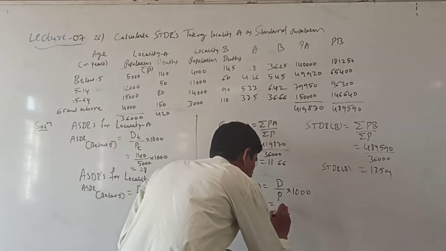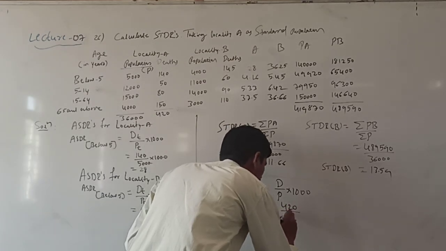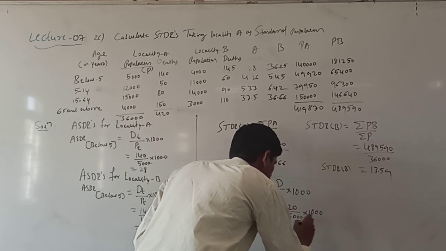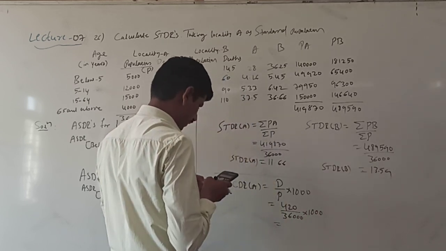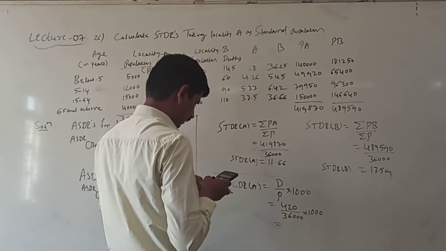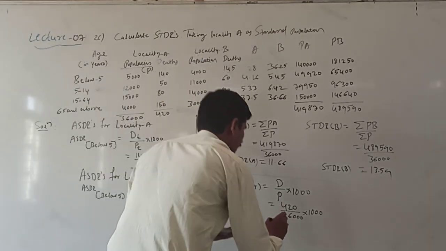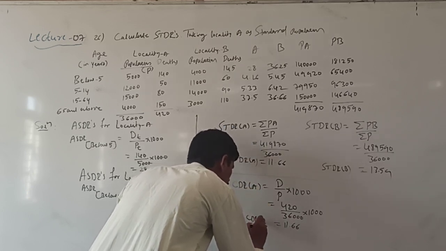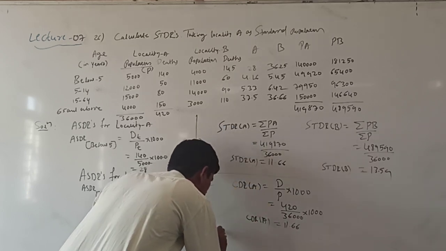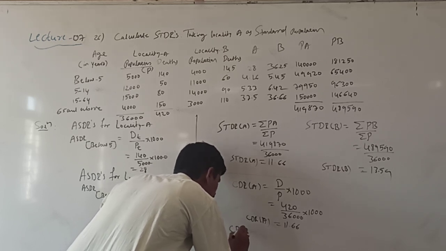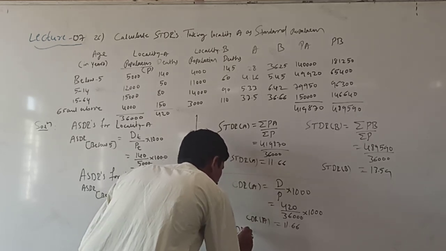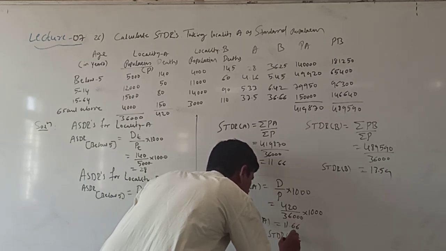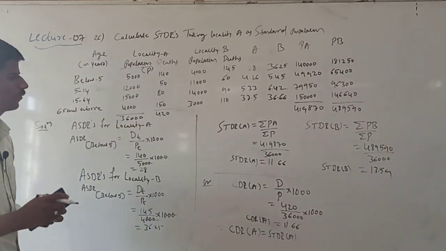Here D is 420 divided by population 36,000 into 1000. Then we get 11.66. It is the CDR for A. Therefore, CDR for A is equal to STDR for A.